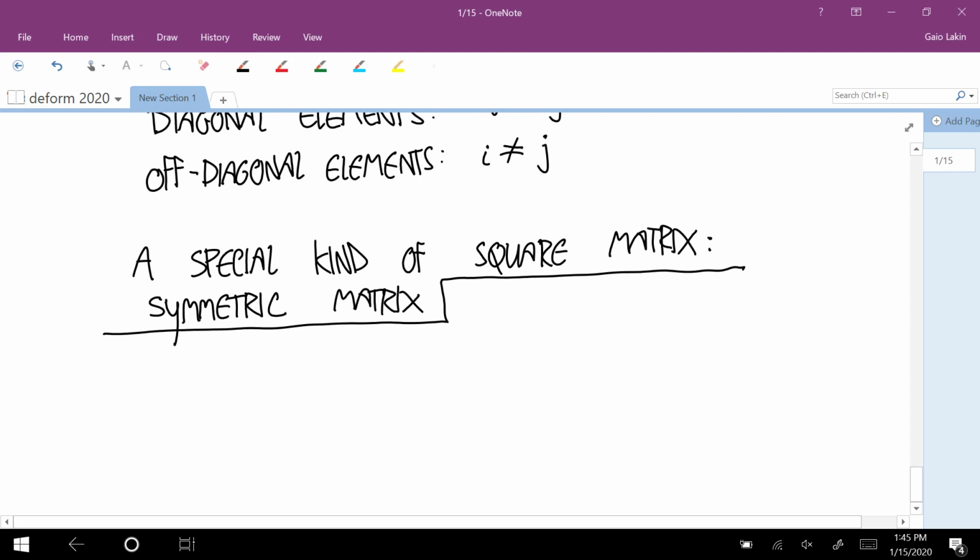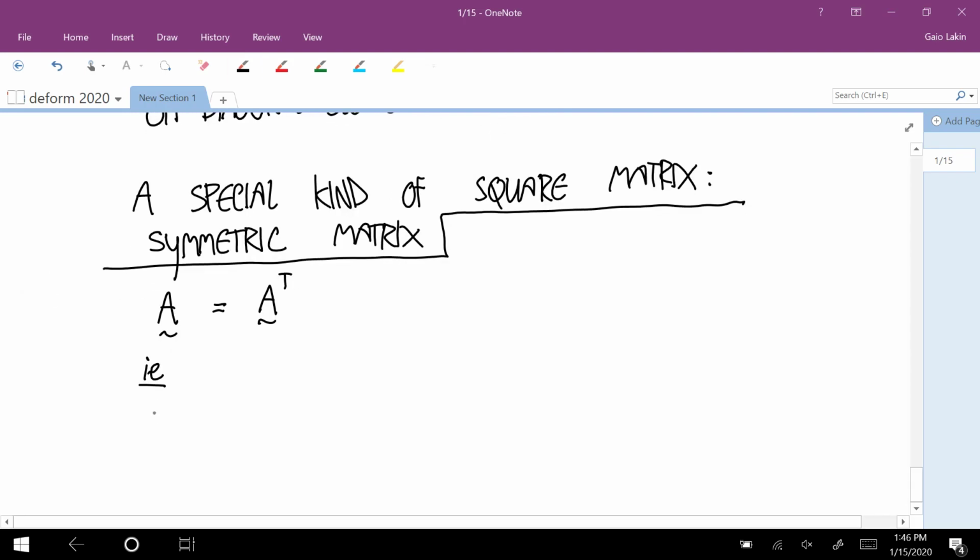The requirement is that the matrix itself is equal to its transpose. In other words, the ij-th element is equal to the ji-th element for every i and j.